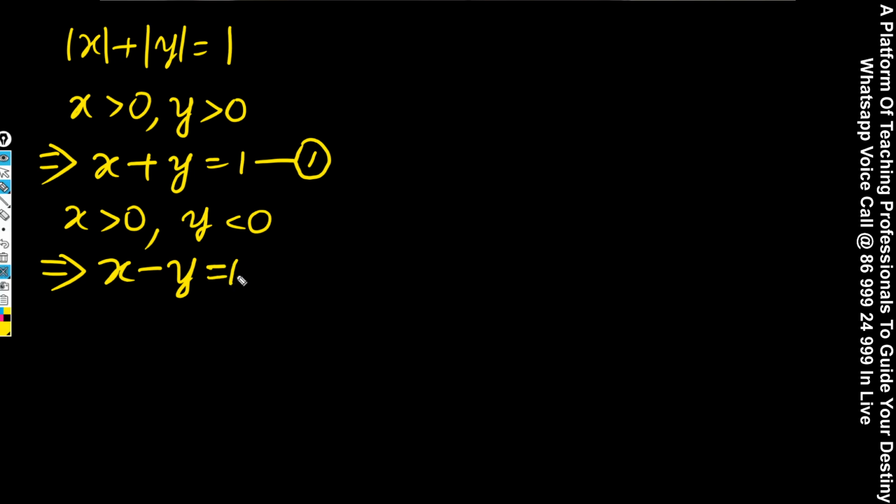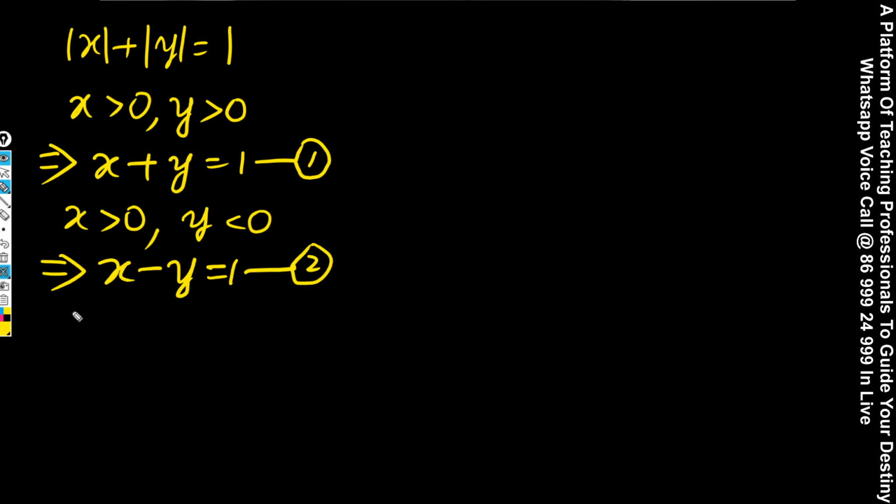Remember this: whenever it is negative, you have to put a minus while removing the modulus to make it positive. When y is already negative, if you put a minus before it, that becomes plus. That is the purpose of modulus. We use modulus just to make the quantity positive.